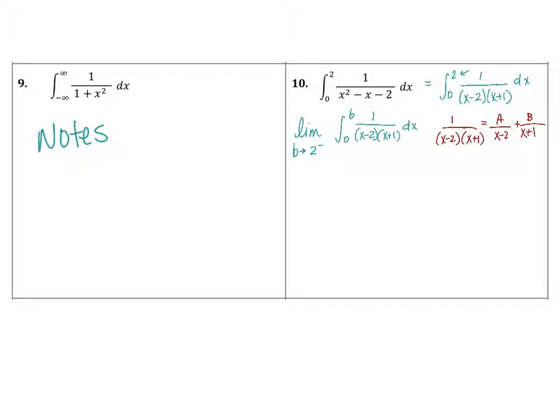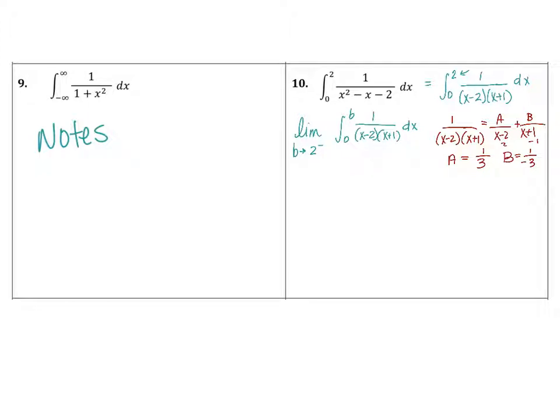And so going through here, a is going to be equal to, of course, we're going to sub in a 2. So that's going to be 1 over 3. And for b, we're going to sub in a negative 1. So that's going to be 1 over negative 3.